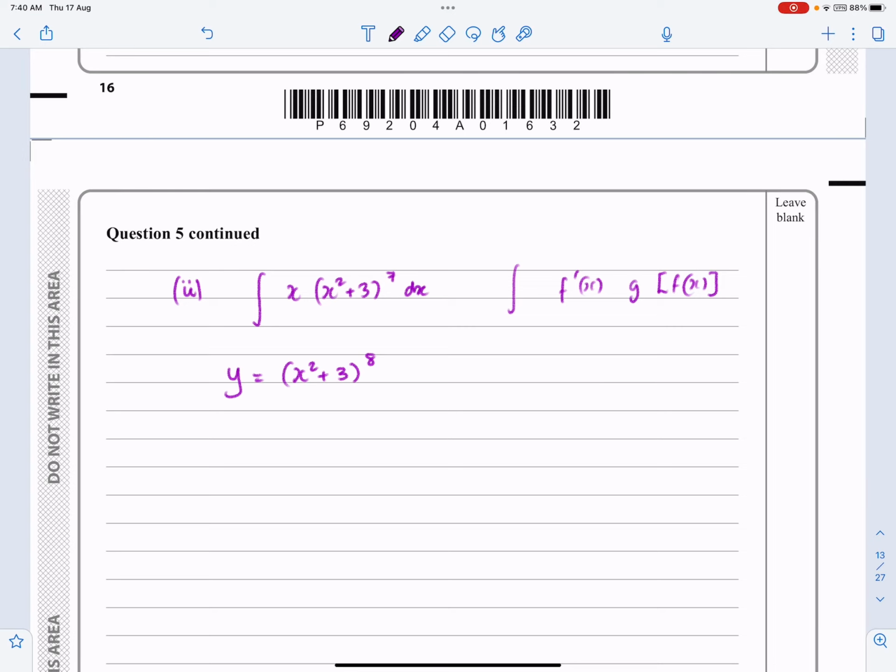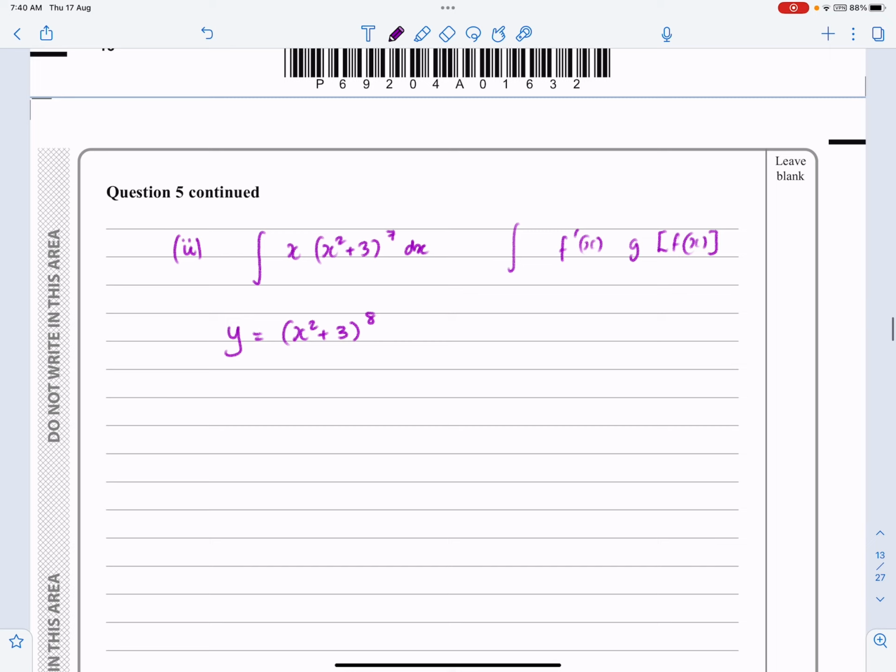It's not really a guess, I know this is going to be right. If I differentiate using the chain rule, that's 8 lots of something to the power of 7 multiplied by the differential of what's in there, which is 2x. This gives me 16x.